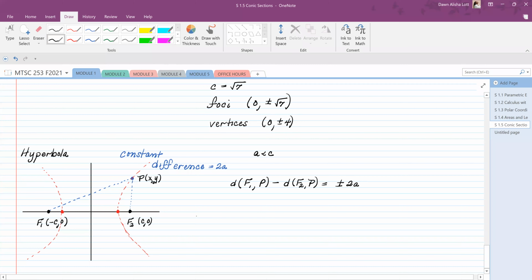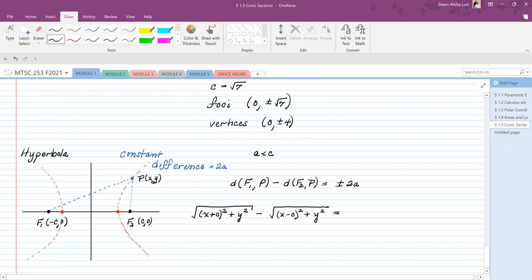Okay, so the first one is the square root of x plus c squared plus y squared minus the square root of x minus c squared plus y squared.